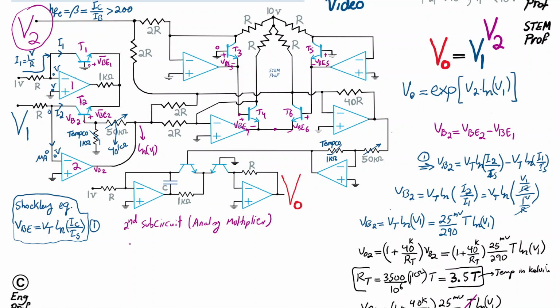For the second one, we have basically this equation. We have the voltage of base emitter of 3 plus the voltage of base emitter of 4 is equal to, so the sum of these two base emitter voltages is the same as the sum of these two base emitter voltages.